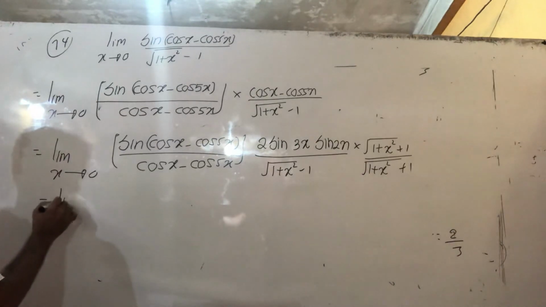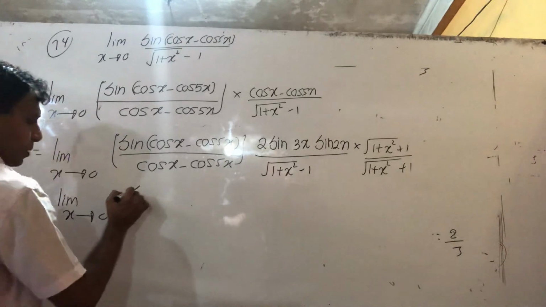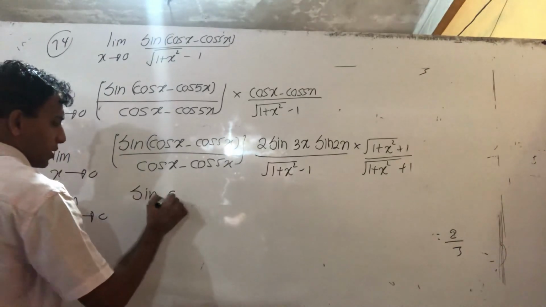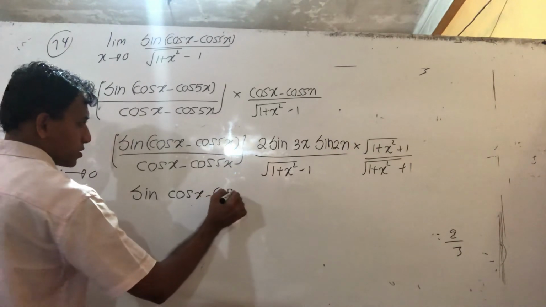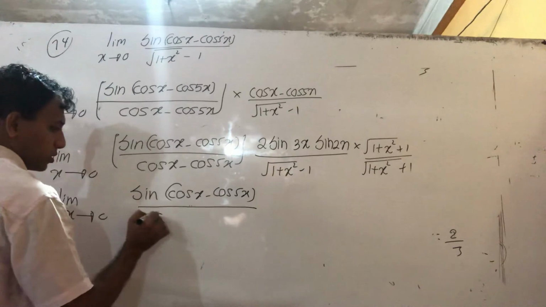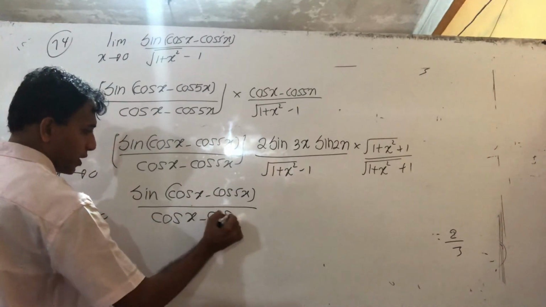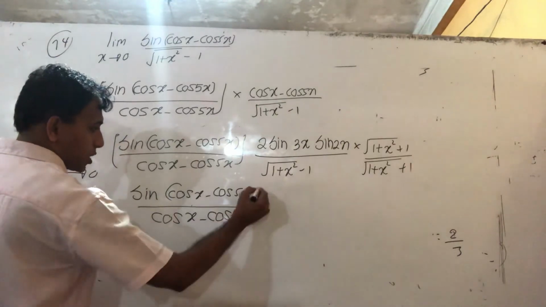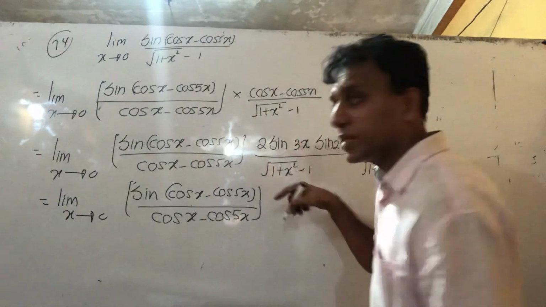So limit, long problem, long work, but an easy question, you will practice step by step. Sine of (cos x minus cos 5x) over (cos x minus cos 5x) is part of the answer. So here we rearrange to the general form.